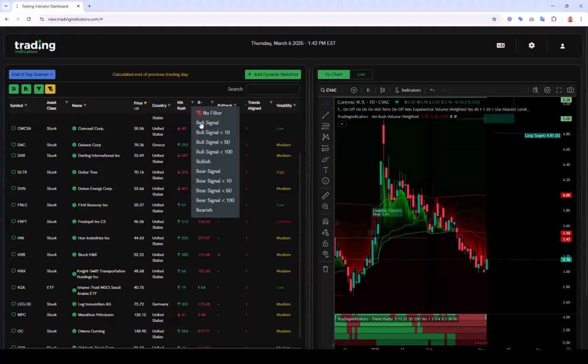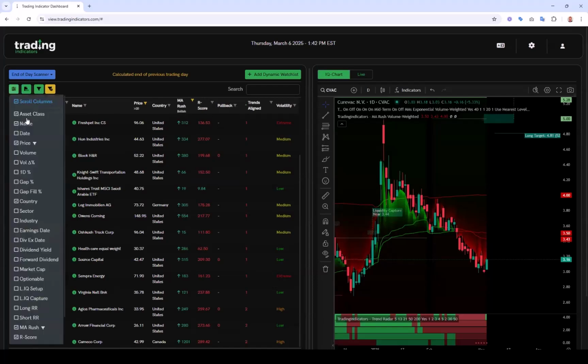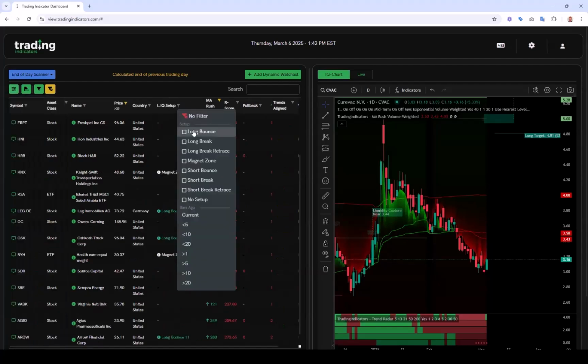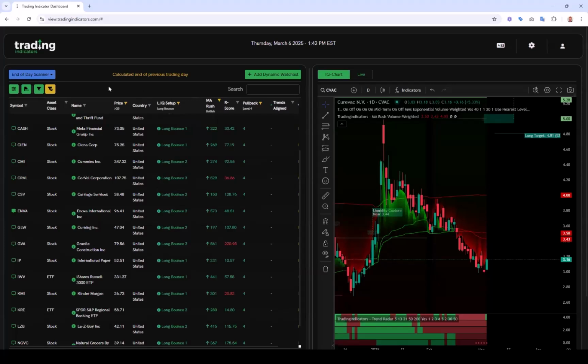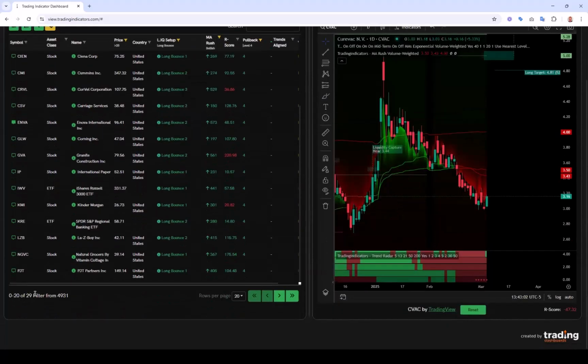Stocks which are bullish as per MA Rush, and which are, hypothetically, let me just open my Liquidity IQ setup column here, in a long bounce setup. And perhaps which are currently on a level for pullback as per Trend Radar. Okay, so we have 4 criteria here. We currently have 29 stocks which qualify for these criteria.